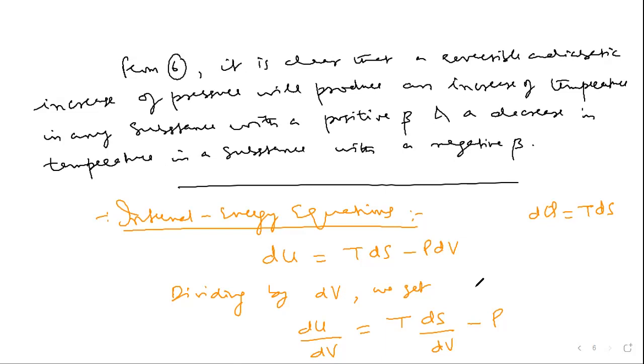Now here we are treating U, S and P as functions of T and V. So if T is held constant, then the derivatives become partial derivatives, right?